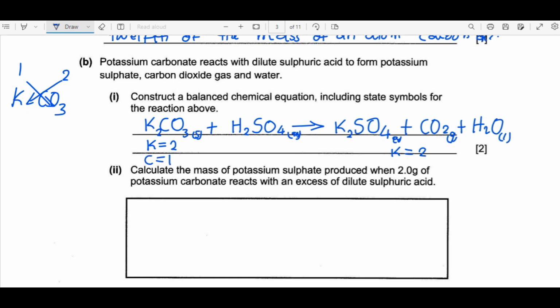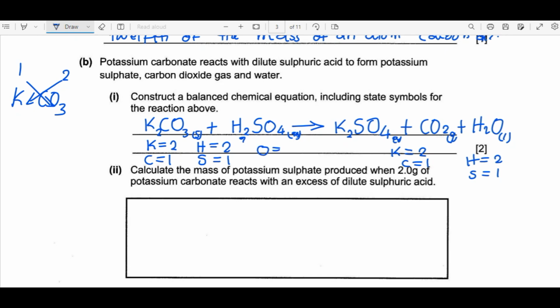Carbon, there is 1. Also here, carbon, there is 1 atom. Then let's check for hydrogen. From the reactant side, we have 2. This one here. From the product, we have also 2 from water. Then we have 1 atom of sulfur, 1 atom of sulfur. Let's check for oxygen.